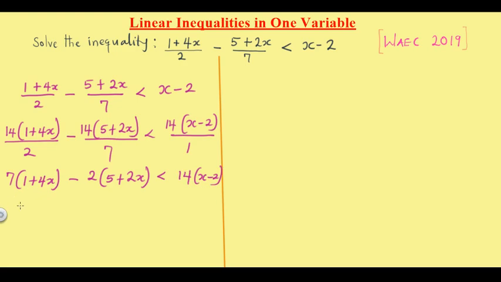We can then open the bracket: 7 plus 7 multiplied by 4x gives 28x. Negative 2 multiplied by 5 gives negative 10, and negative 2 multiplied by 2x gives negative 4x, less than 14x minus 28.